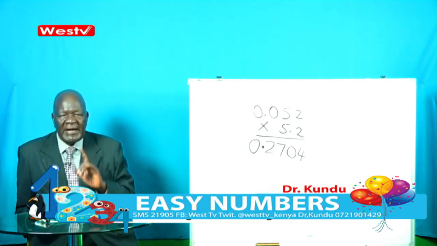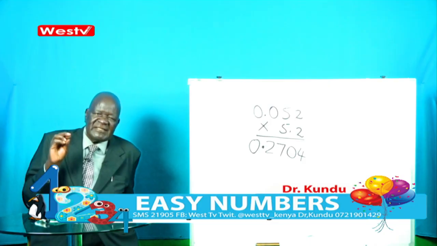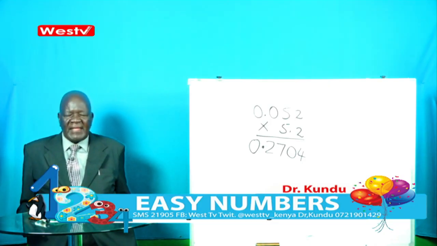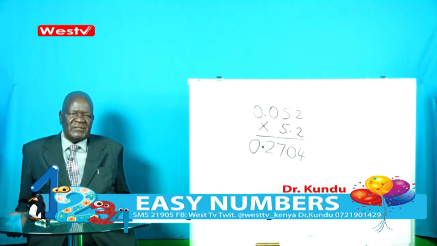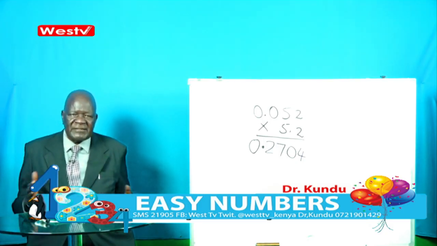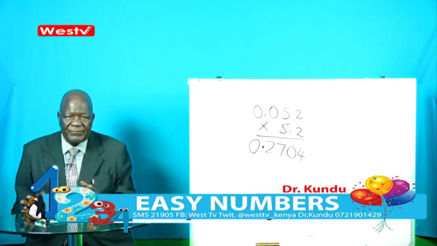When it comes to high school, there is this thing they call mathematics notes, and they are separate. Form 1 has its own notes, Form 2 has its own notes, Form 3 has its own notes, and Form 4 has its own notes. So parents, secure those notes at the level of your child.